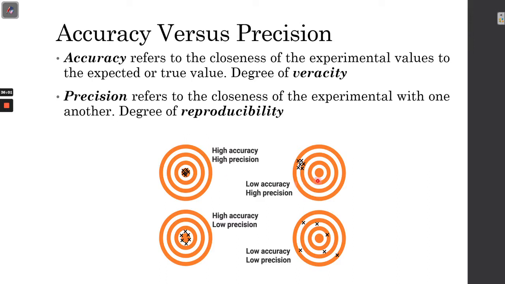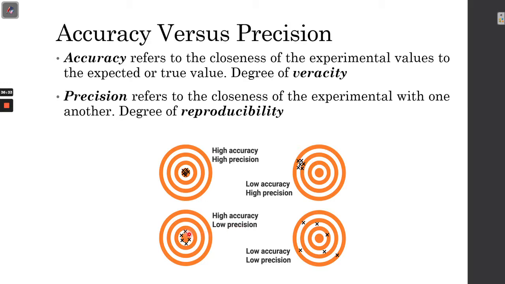Here is an example of low accuracy but high precision. Ito yung value na hinahanap mo pero yung lahat ng sagot mo is nandito. And yung lahat ng mga measurement na kinuha mo is magkakalapit. It means you have very high precision pero yung mga numbers mo hindi naman yung true value. It means you have low accuracy. There is a situation that you are high in accuracy, malapit yung mga values mo dun sa true value or dun sa true answer, but sometimes you have low precision.